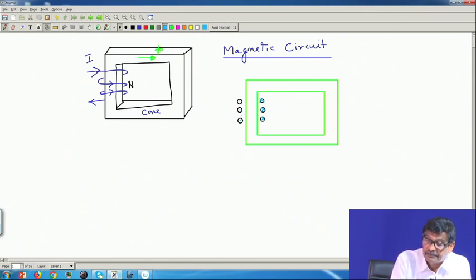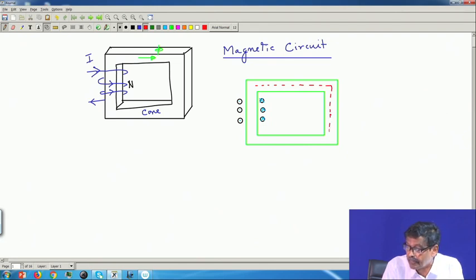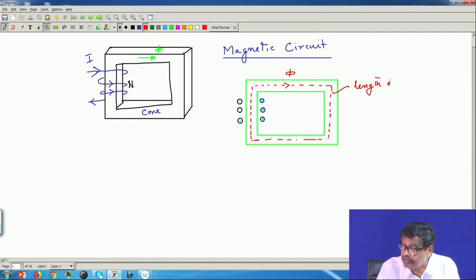Then for the flux inside the core, what we do is we take a mean path of the flux, which I am showing by dotted lines. This is the flux and this red one is the length of the mean path of the flux.